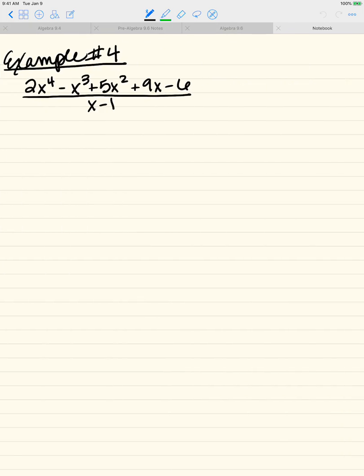Okay, example number 4. Here we have a polynomial with 5 terms being divided by a binomial. It's going to take some steps, but it's okay. We can do it. X minus 1, 2x to the 4th minus x cubed plus 5x squared plus 9x minus 6.